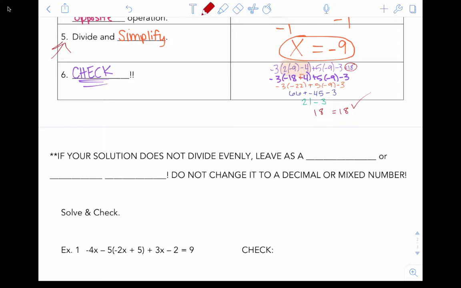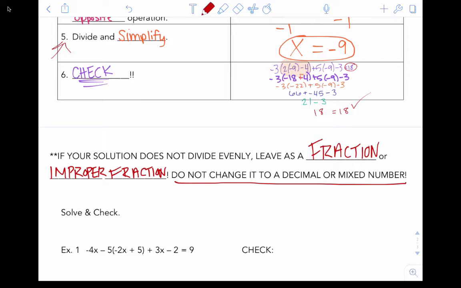But if your solution does not divide evenly, please leave it as a fraction or an improper fraction if that's what you get. Please do not change it to a decimal or a mixed number. Just leave it as it is.